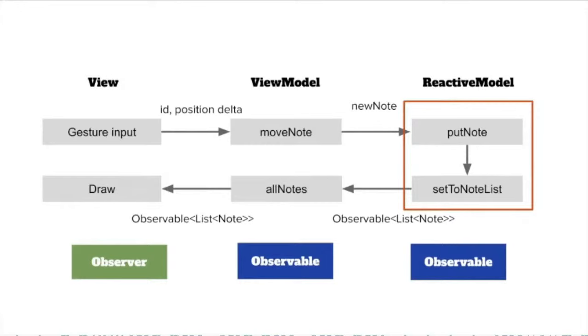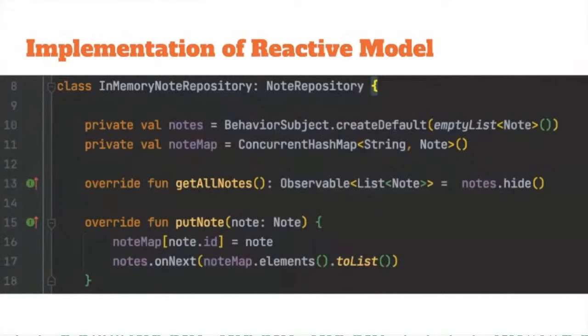And yeah, the implementation looks like this. It just moves the subject and the hash map from the view model, and it's just stored in memory. So I call this an in-memory node repository.